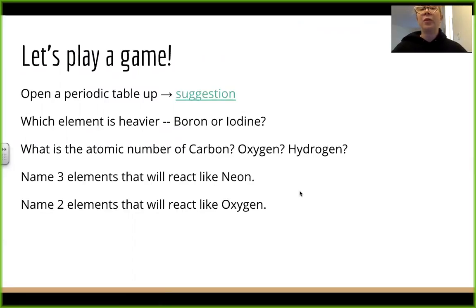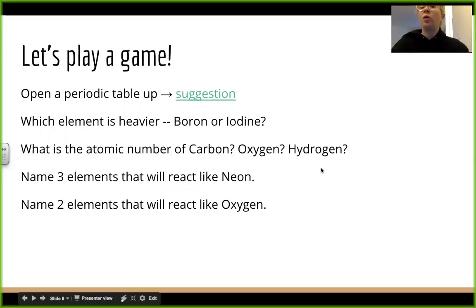Name 3 elements that react like neon, and name 2 elements that react like oxygen. Just write it down on your computer or next to you, right? I'm not going to collect it or anything like that, just so that you're practicing where the periodic table is.